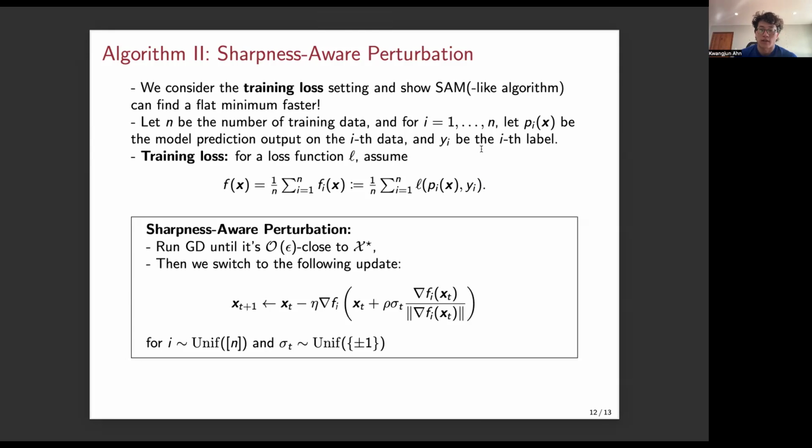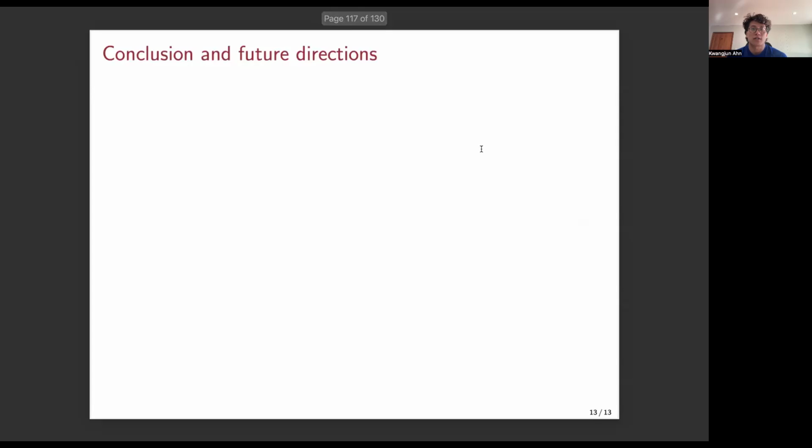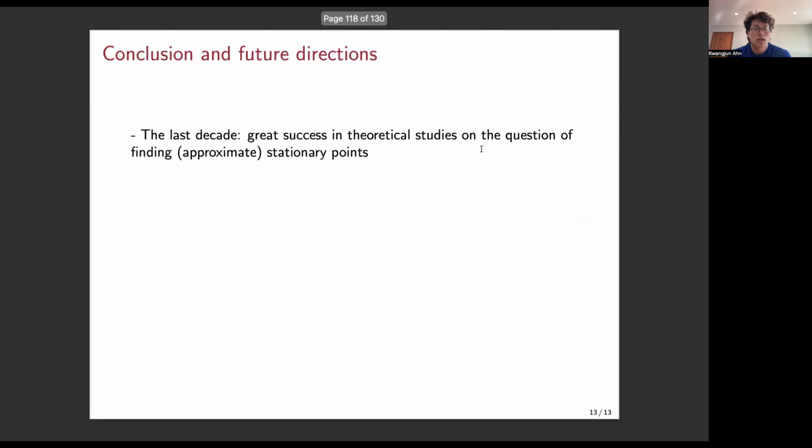Actually, it's a stochastic gradient ascent. So this is precisely like the technique considered in the SAM paper. And our main results says that this SAM-like operation, or more specifically sharpness-aware perturbation, finds flat minima faster, as we described earlier. Okay, so let me conclude this talk with some summary and future directions.